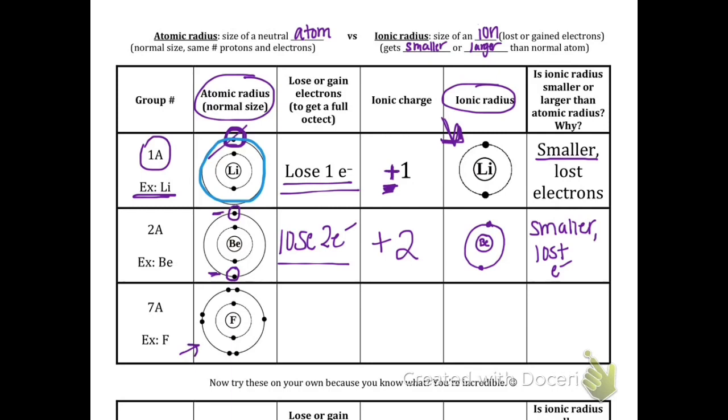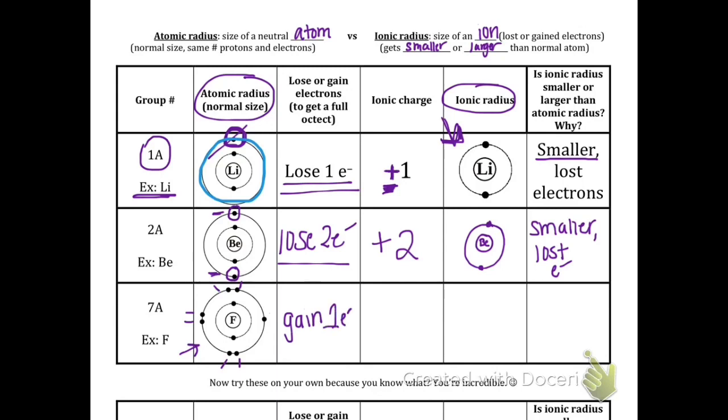So the question is, in order for me to have 8 valence outer electrons, what should I do? So right now I have 1, 2, 3, 4, 5, 6, 7 valence electrons. Is it easier to gain 1 or lose 7? Should I lose all 7 of these dots or just gain 1? The easy answer is we're just going to gain 1.